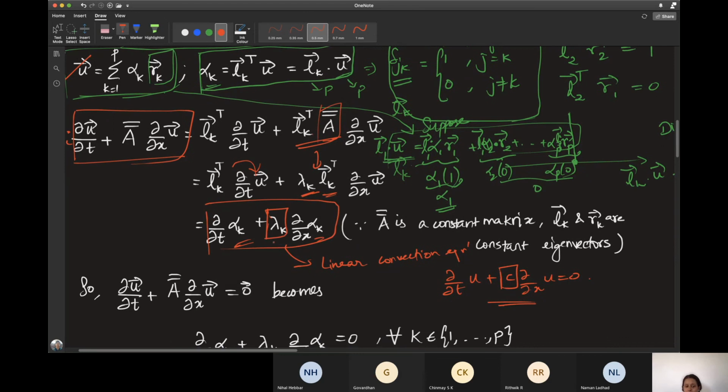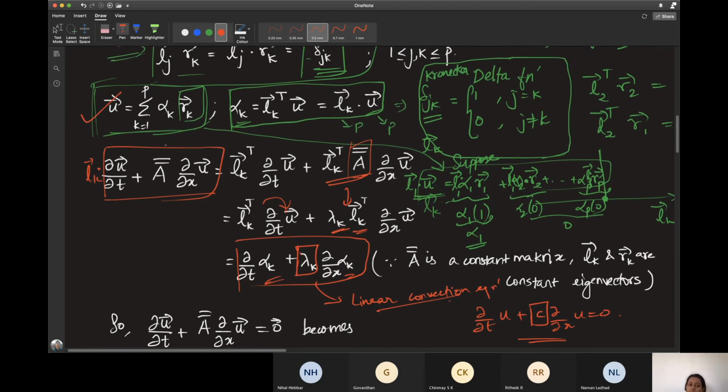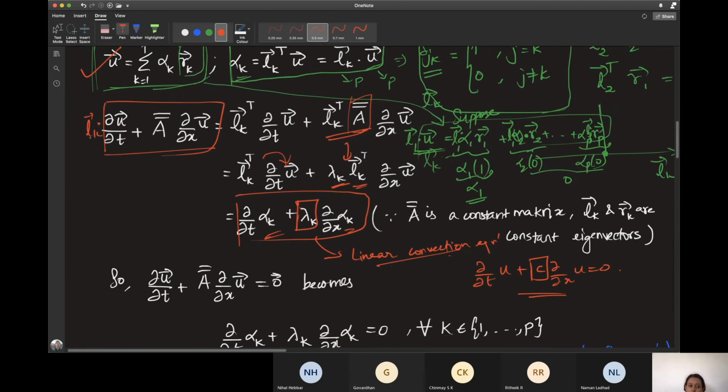Here we have lambda k as our constant, and this is a scalar conservation law for alpha k, and your flux is lambda k alpha k, and since lambda k is a constant, you have a linear convection equation. So basically, you do a dot product of this system with any Lk vector, you get a linear convection equation in alpha k corresponding to that Lk.